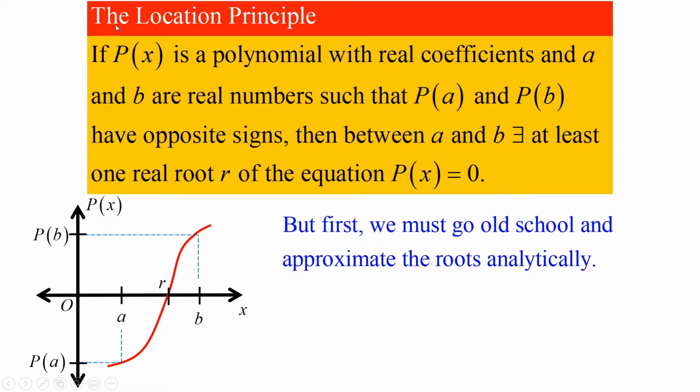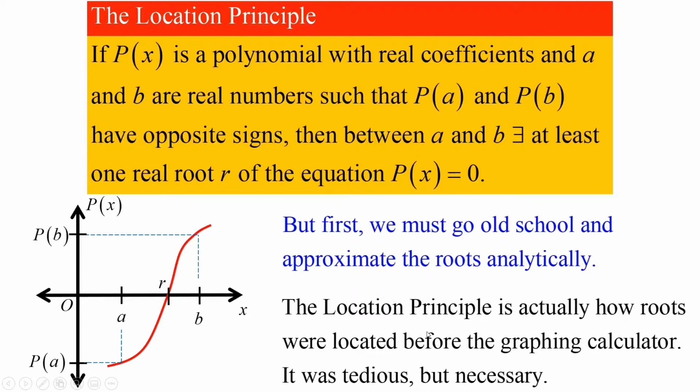Now the reason the location principle has to be true is because polynomials are continuous. So if the output of a polynomial is negative, and then it's positive, it must cross the x-axis somewhere in between, in this case, a and b when you graph it. That's where we have our root right there.